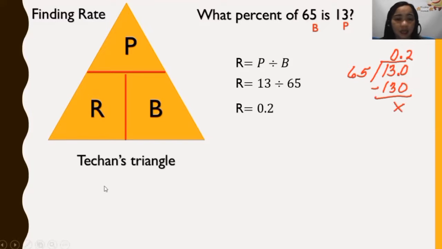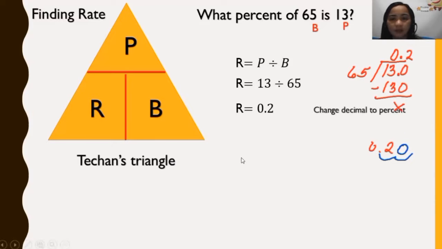They are the same. And then change 0.20 to a percent by simply moving two places here. We have 1, 2. So we will have a placeholder here, so that this will become 20%.